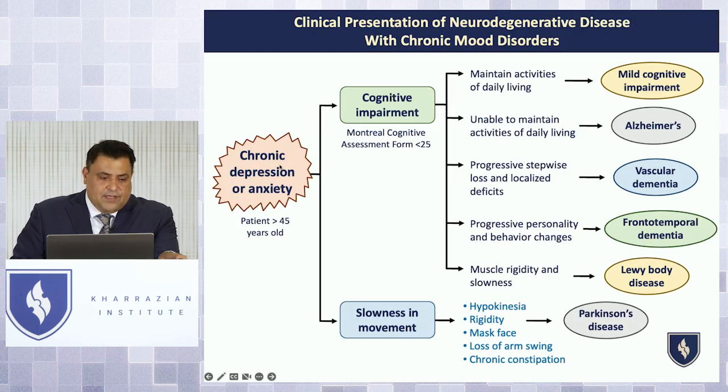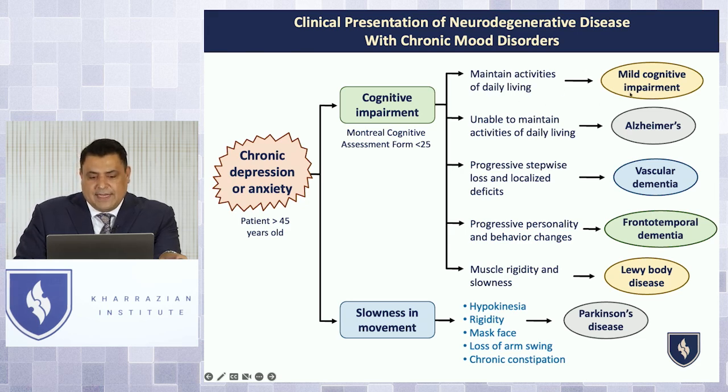So anytime you see chronic depression or anxiety, let's say more than 6 months, definitely more than a year, more than 2 years, and the patient's older than 45 years old, you should immediately see if they have any cognitive impairments or any slowness in movement. The best way to assess cognitive impairment is to use the Montreal Cognitive Assessment form. If the score is less than 25, then you have mild cognitive impairment. They can maintain activities of daily living with their cognitive functions down, that's mild cognitive impairment.